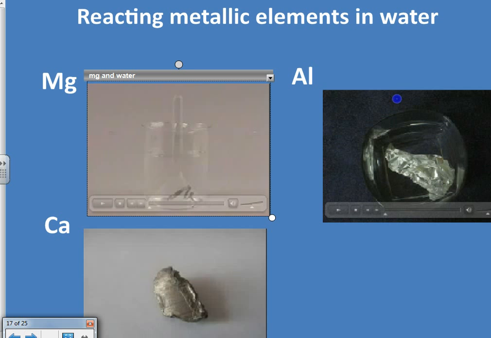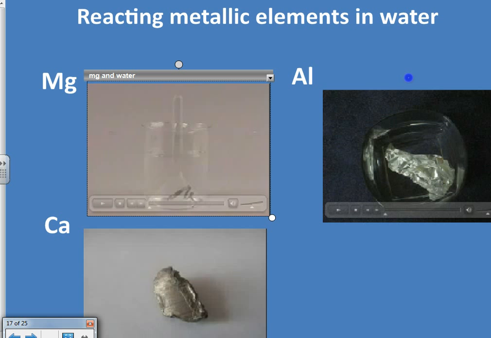All right, what we have here are a couple of videos that are showing you the reaction of magnesium in water, calcium in water, and aluminum in water. And these videos are arranged such that we can hopefully see magnesium above calcium on the periodic table.